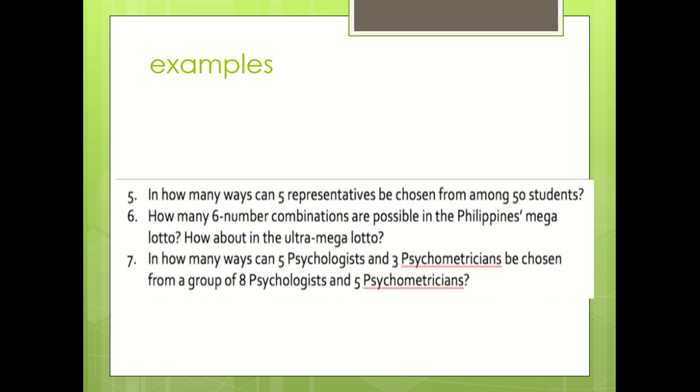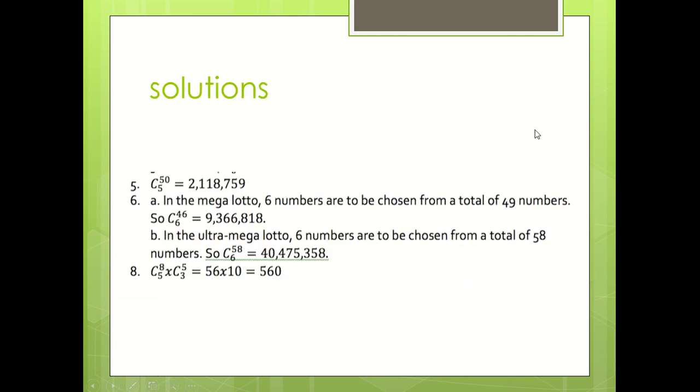And number 7, we also have a problem about five psychologists and three psychometricians, chosen from a group of eight psychologists and five psychometricians. So we have here the solutions for the mega lotto.